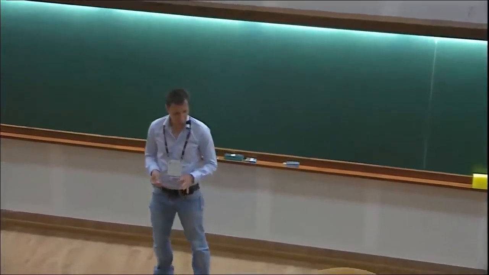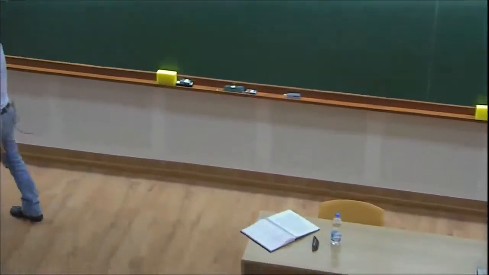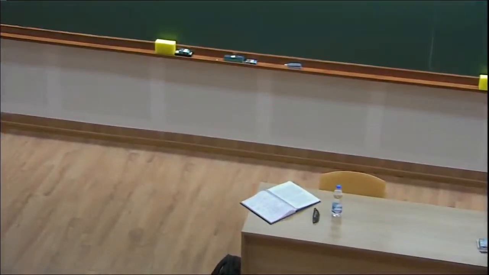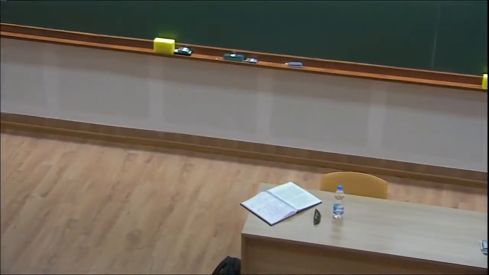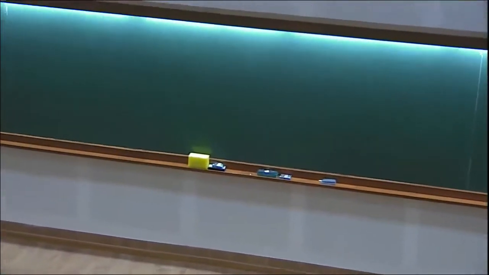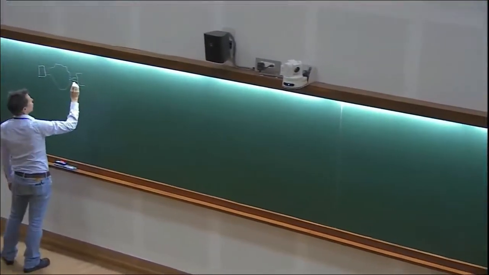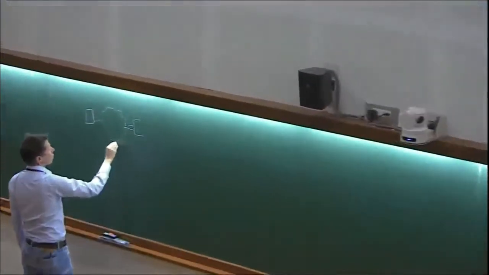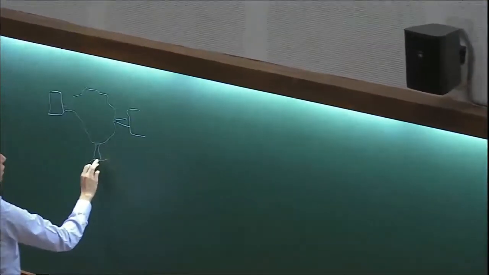Essentially, the idea is that we will have some kind of mesoscopic circuit, which I can sketch like that. So I have some kind of contact here. I have a mesoscopic region, and I can have several contacts, in fact. Usually you have some reservoirs.